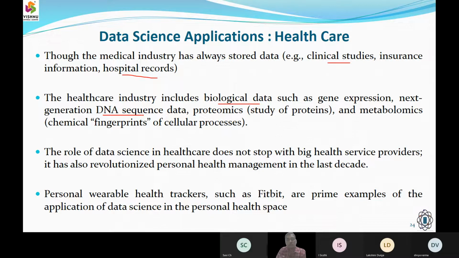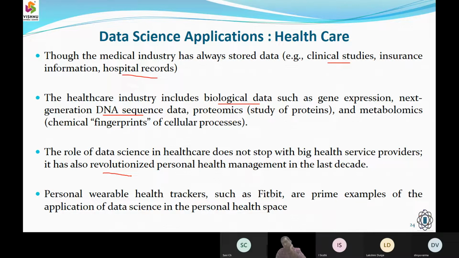This is how decision making is done by the doctor. Advisors are going to be revolutionized, and thereby better treatment is given to the patient. This is what healthcare has.